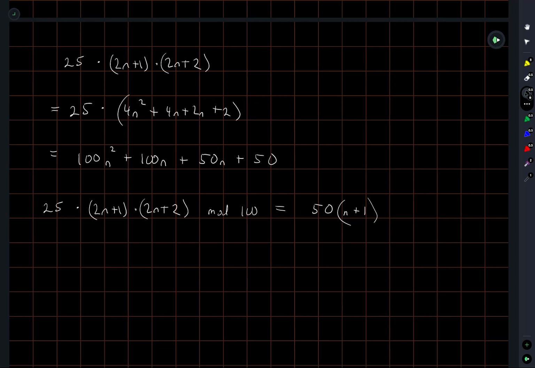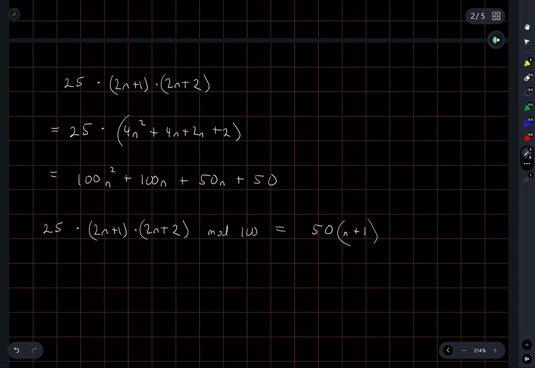So what I've shown here is that if my product at some point, the last two digits are 25, and then I multiply by the next two odd numbers. If I multiply by, oh, these are not both odd.